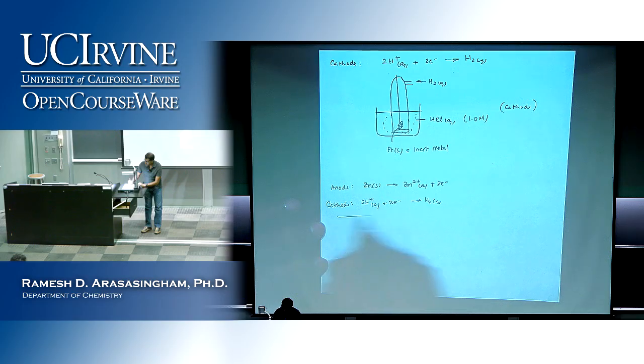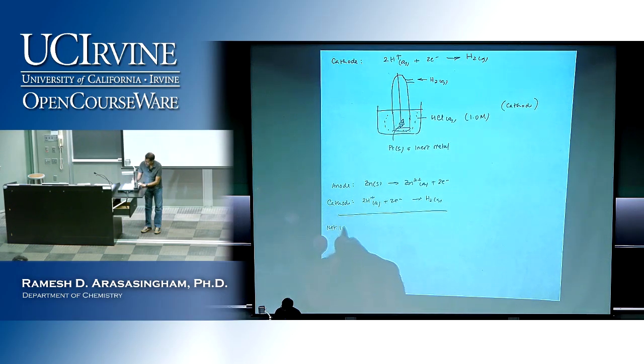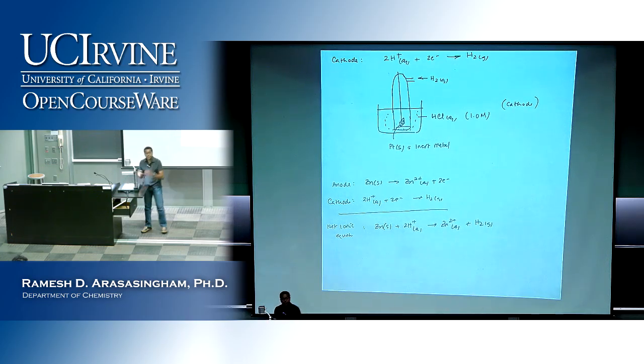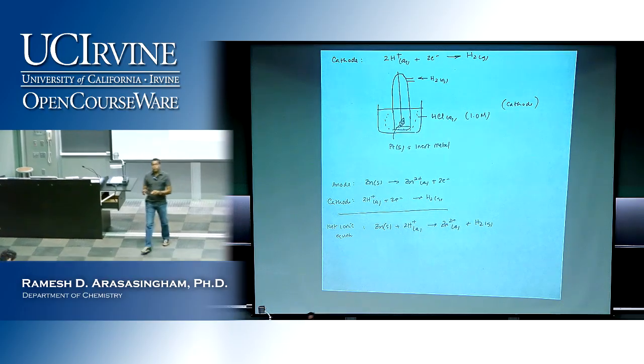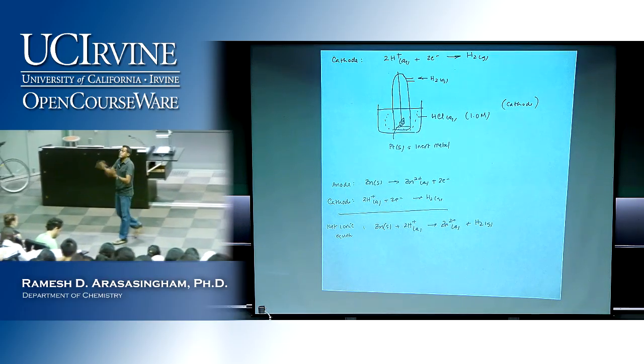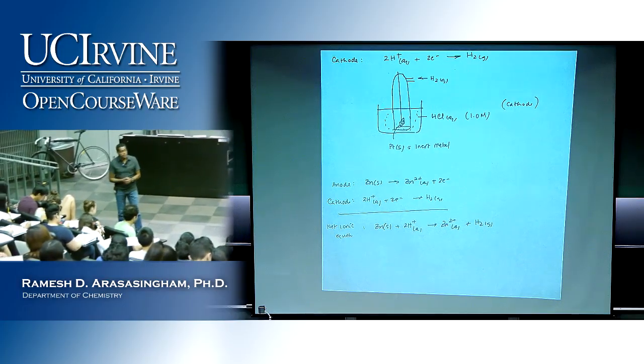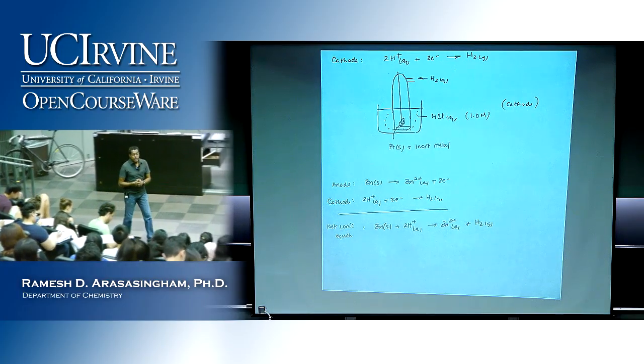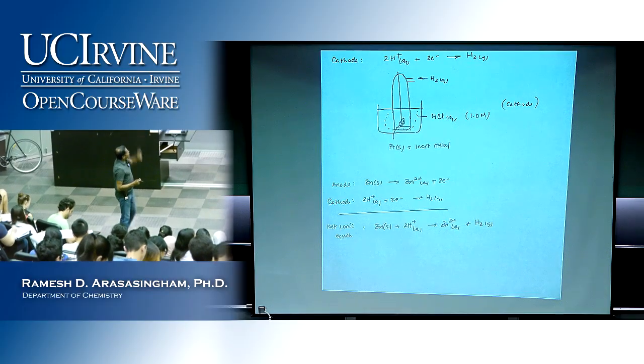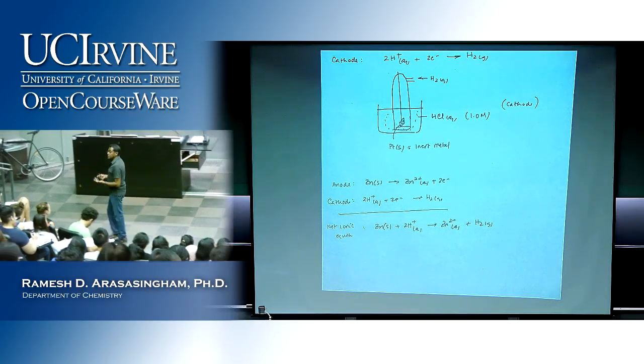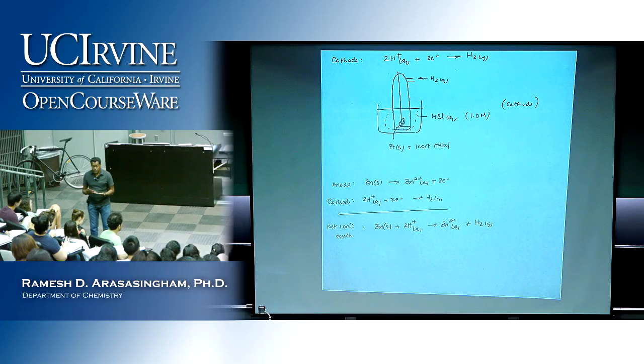And so your net ionic equation would be where you have zinc solid plus 2 H+ aqueous, giving you Zn2+ aqueous plus H2 gas. Did you guys get that? So overall, the net ionic equation that takes place in this galvanic cell is shown here. And you've identified what the anode is, you've identified what the cathode is, and then how many electrons are being transferred? There are 2 electrons being transferred in that setup.